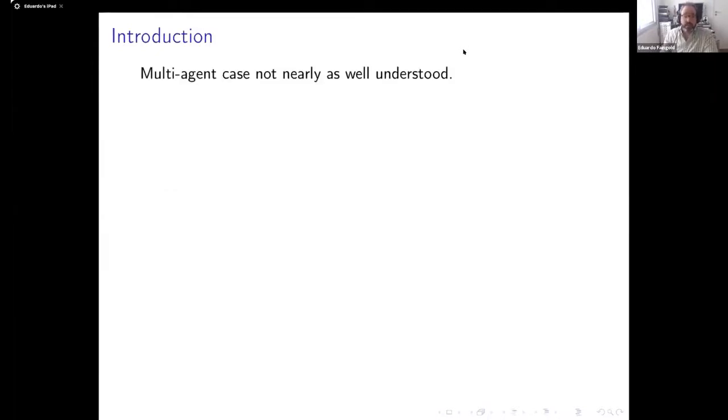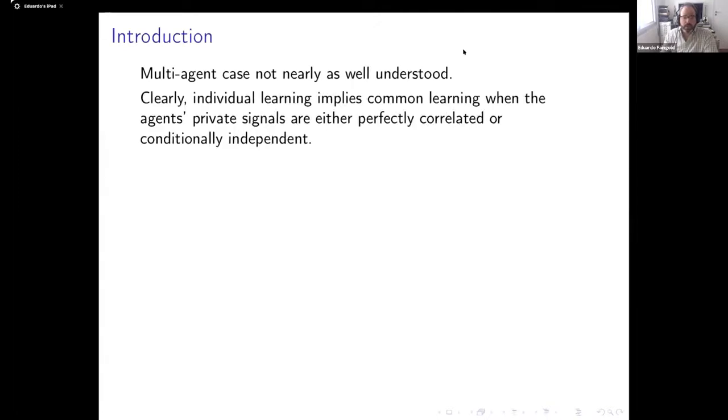The multi-agent case is not nearly as well understood. Of course, if each agent is individually learning the parameter, that's going to imply common learning in two polar cases: when the agents' private signals are perfectly correlated, in which case beliefs are going to be public, or in the other polar case, when the agents' private signals are conditionally independent, that is, conditional on each possible value of the true parameter, the signals of the agents are independent.